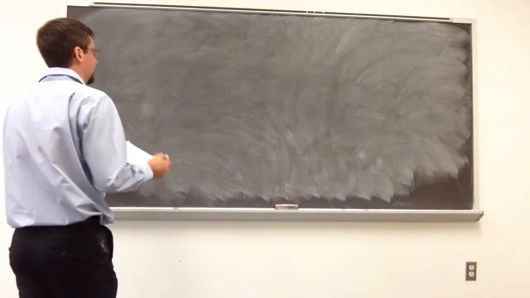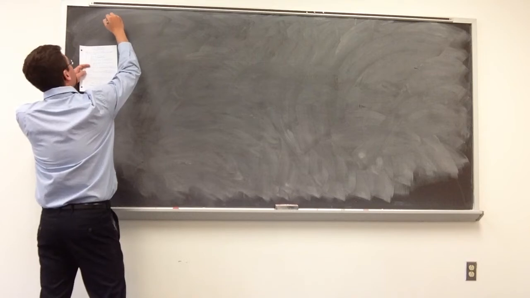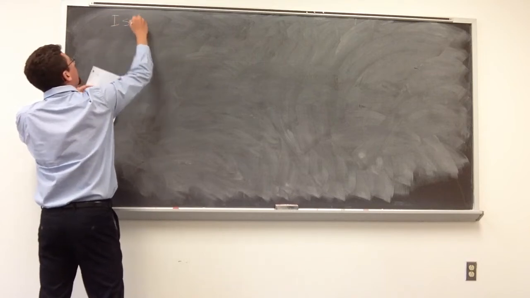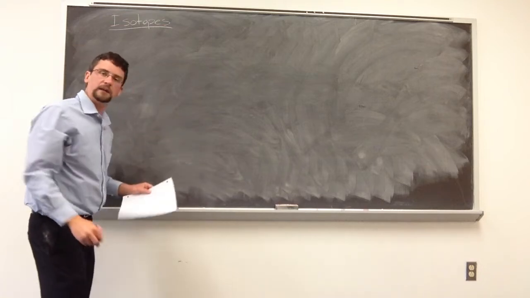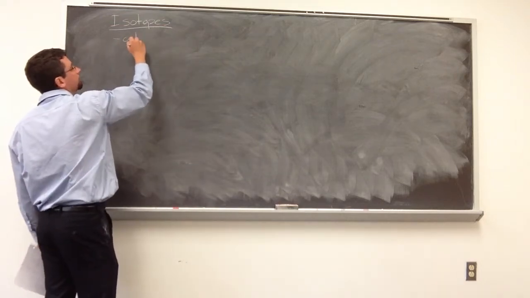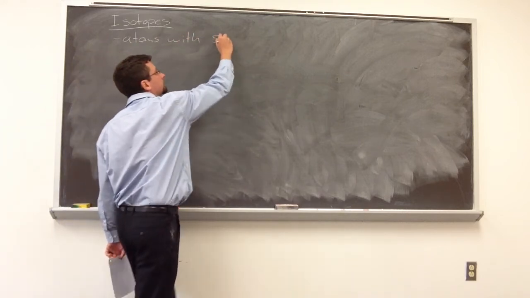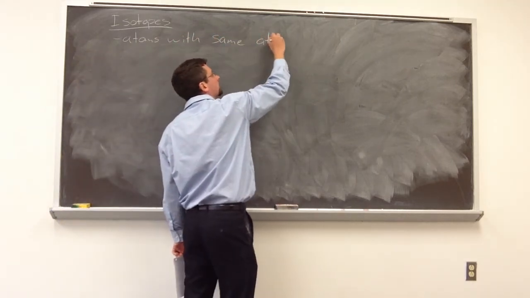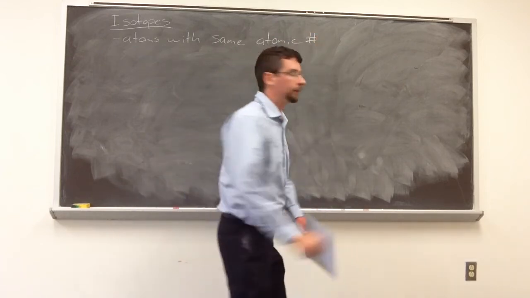A common spot where this is seen is through carbon or hydrogen. So isotopes. Let's first write down that definition. Isotopes, they're atoms with the same atomic number, but they have different mass numbers.